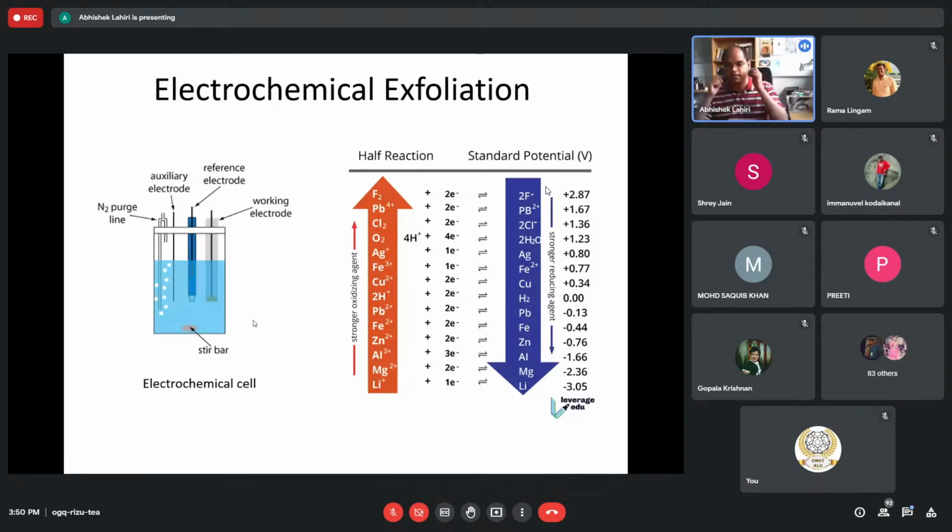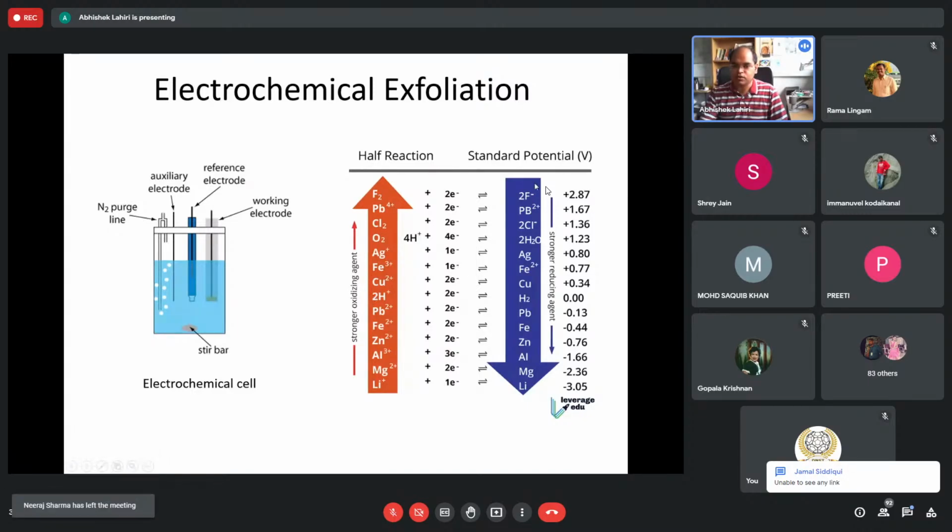Now, a lot of electrochemistry based on three electrodes has already been understood, and this is the electrochemical series, which many of you will be aware of. In the electrochemical series, what you see is reduction potential. As you go down the series, the metal becomes more reactive, and as you go up, the material becomes more noble.